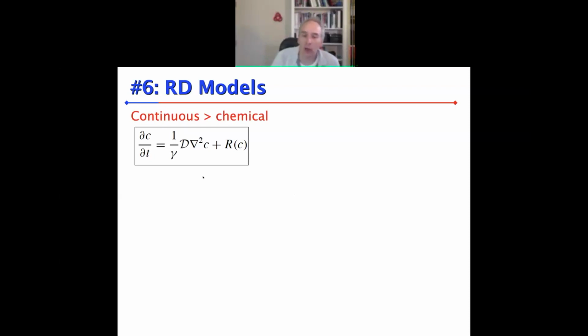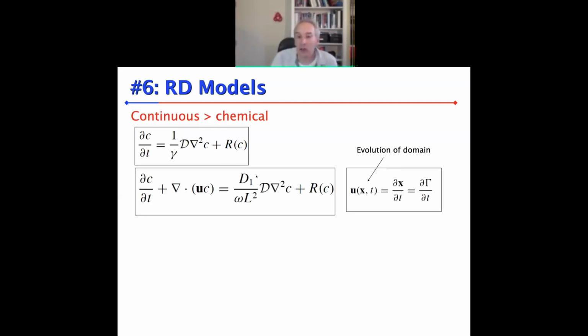So if you assume that you have C as being the concentration of a chemical, and you have a classical reaction diffusion system, it could be one equation or a system of equation. The idea now is that what happens is if my domain grows at the same time, I'm not so much modeling the growth of the domain, I'm imposing the growth of the domain, and I'm looking at how it affects the patterns.